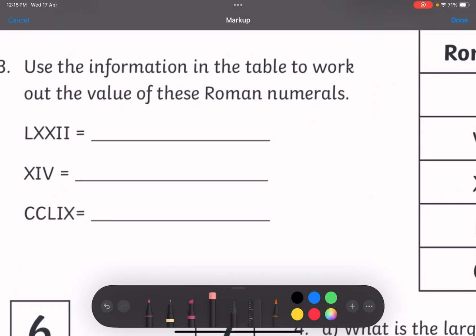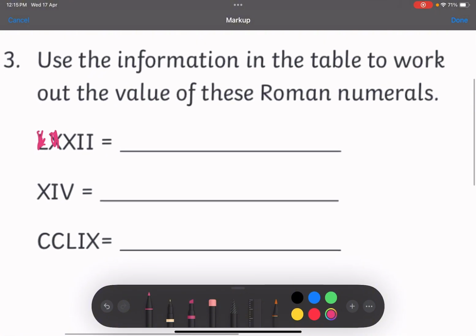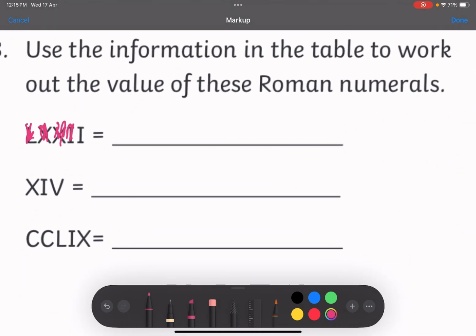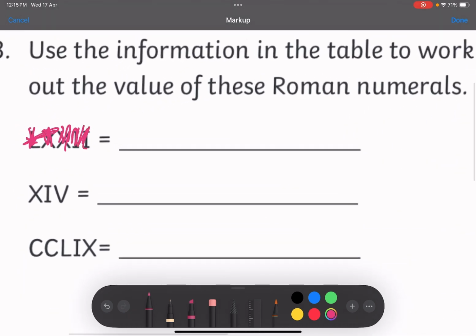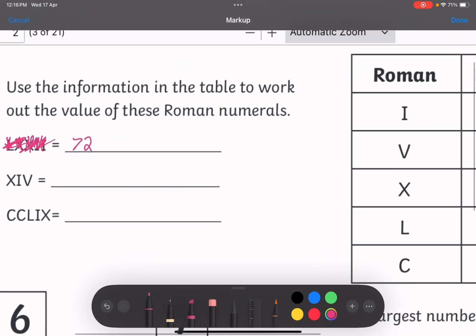Then X is 10, so 60. Then we have another 10, 70. Then I, 71, and another I, 72. Then we know the answer, 72.